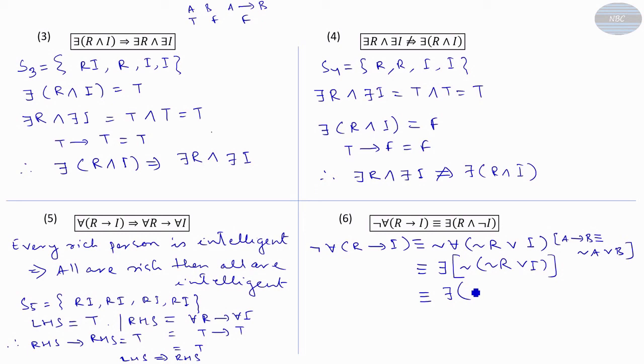Negation of negation R will be cancelled out, so it becomes R. The disjunction will become conjunction, and we have a negation I. So we used De Morgan's law, and we proved the right hand side, because this is the right hand side. In this way we can prove different logical validities, that is valid and equivalence.